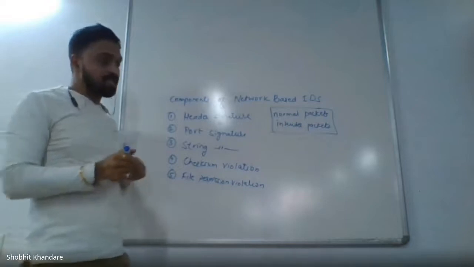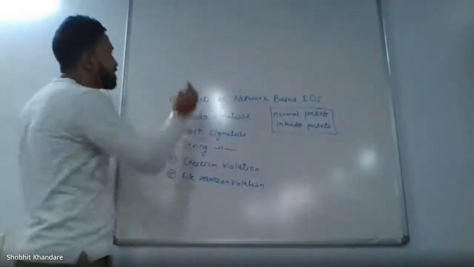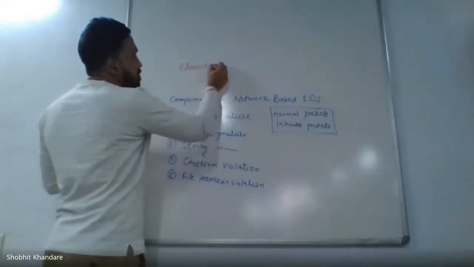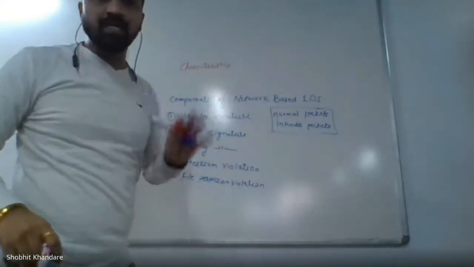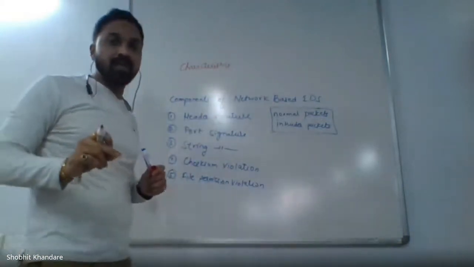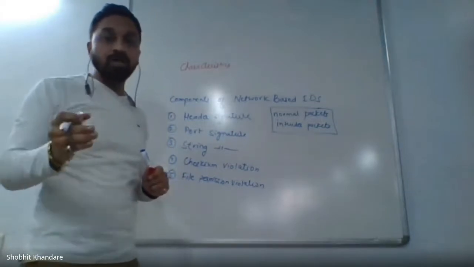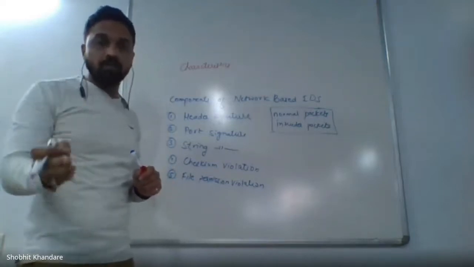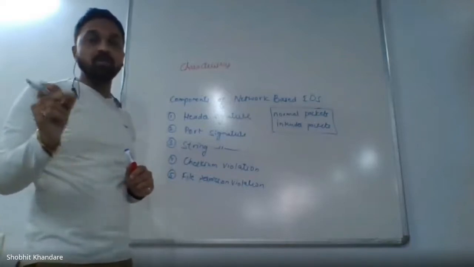And the last part is characteristics. We should know what are the characteristics of a good IDS. If I am saying that I am having a good intrusion detection system, based on which parameter can we say that we are using a good IDS?